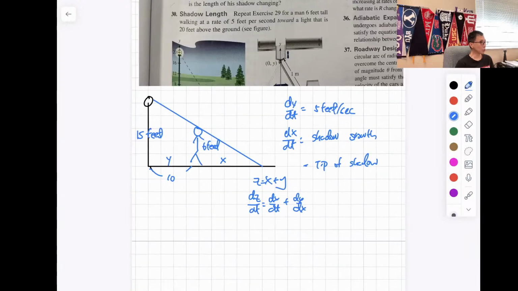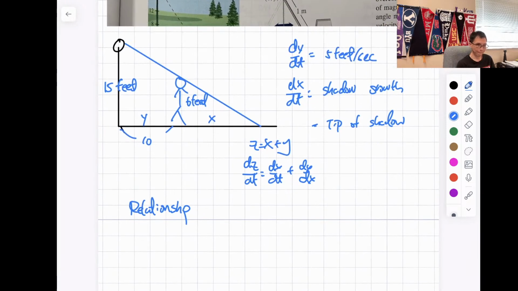Now let's do a relationship. What will be a relationship here? What kind of relationship will I be using? Yes, similar triangle identity. Good. So can you tell me a relationship here?